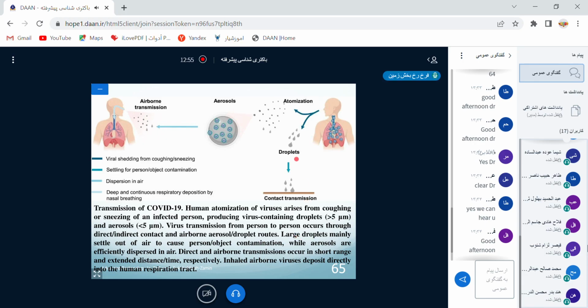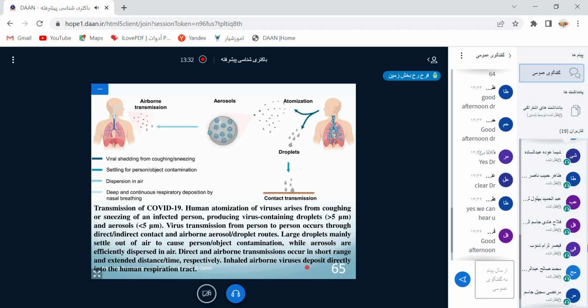Large droplets mainly settle out of the air to cause person-object contamination, while aerosols are efficiently dispersed in air. Direct and airborne transmission occur in short range and extended distance and time, respectively.